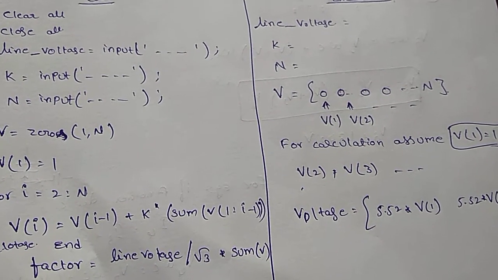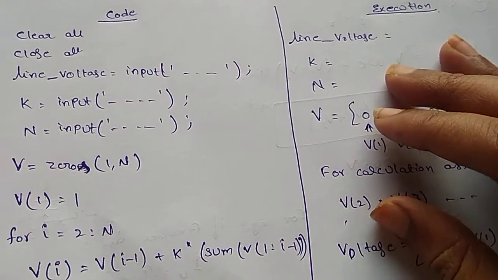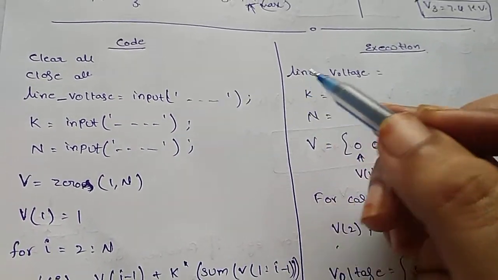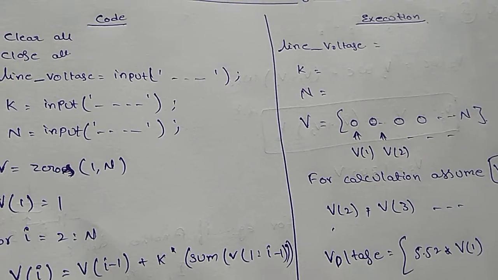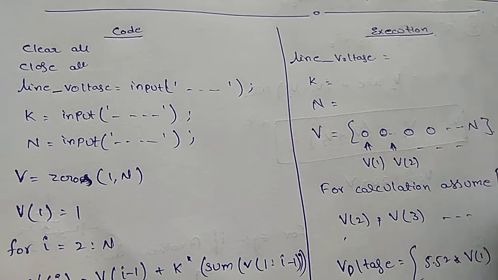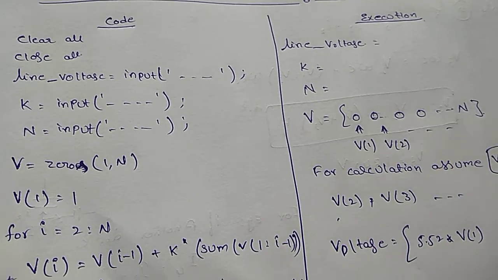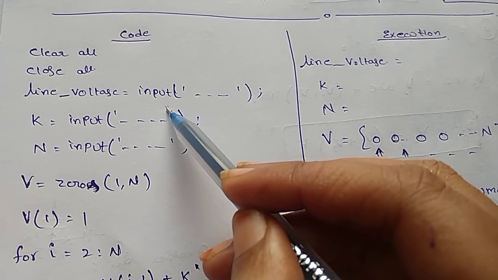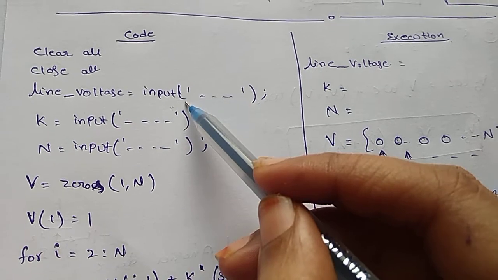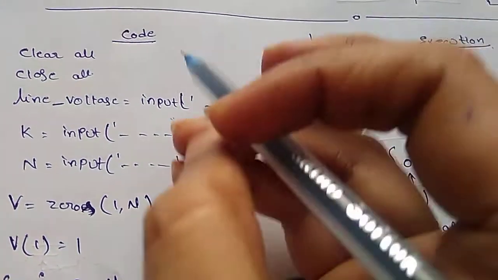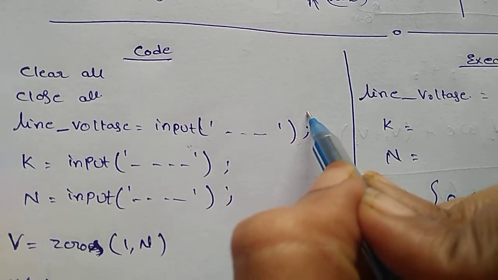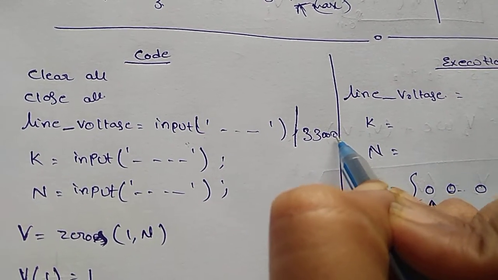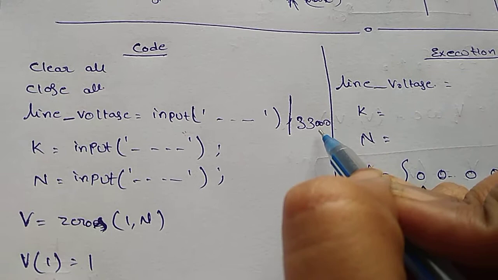If you want to perform this experiment or this program for any value of input voltages, for any number of discs, you can take the data from the user end. Otherwise, you can directly give the value of 33 kV, because you can't mention kV here.